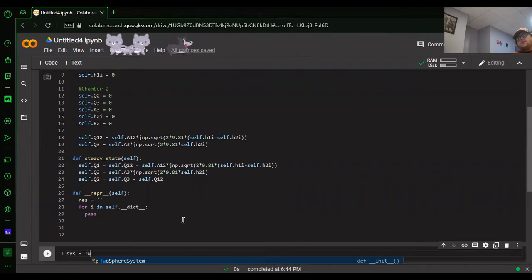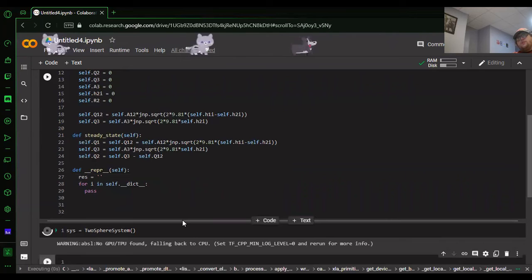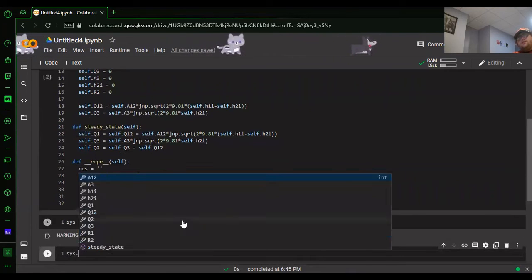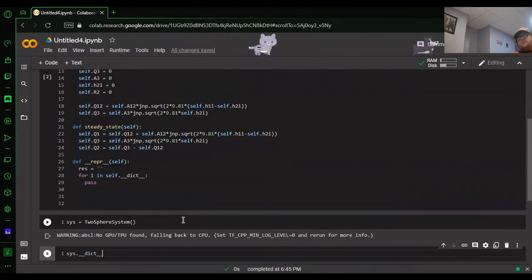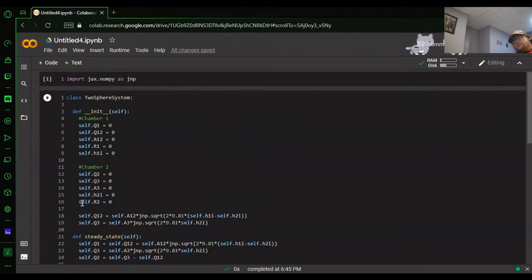equals two-sphere system, sys.dictionary, you're going to notice A12, A3, Q1, Q12, Q2, Q3, R1, R2, H1I, H2I. All of these values here.